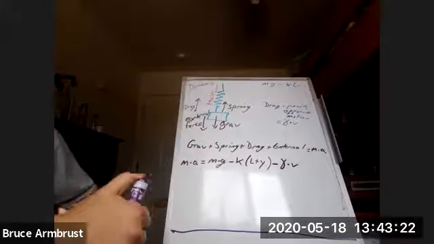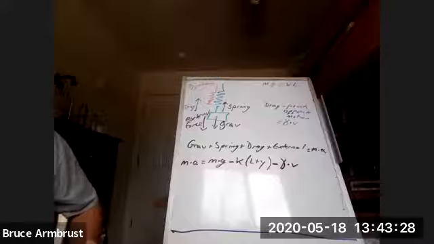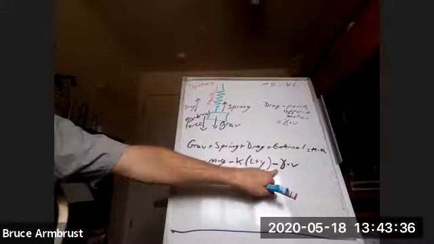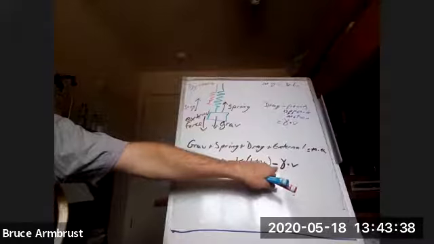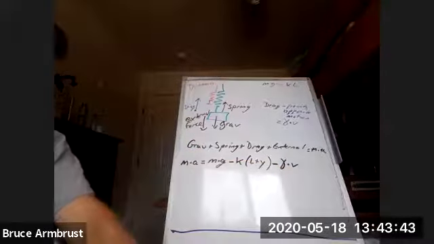You may remember that when we did air resistance of falling bodies, we made the assumption that air resistance was proportional to the speed. It's the same kind of thing here. And again, this is why it's negative, because it points in the opposite direction of travel, and velocity points in the direction of travel.